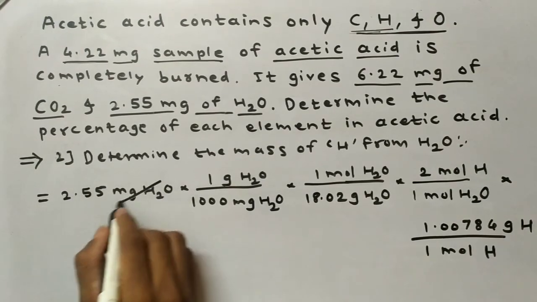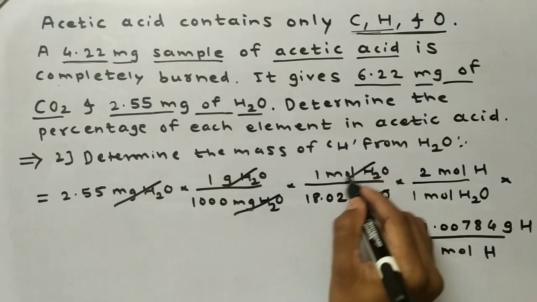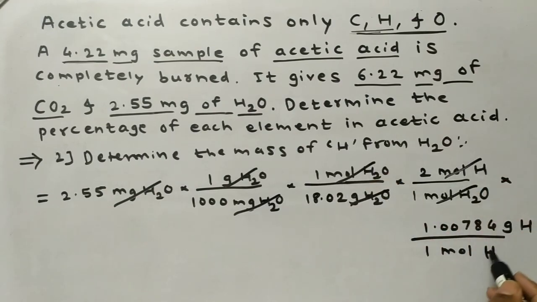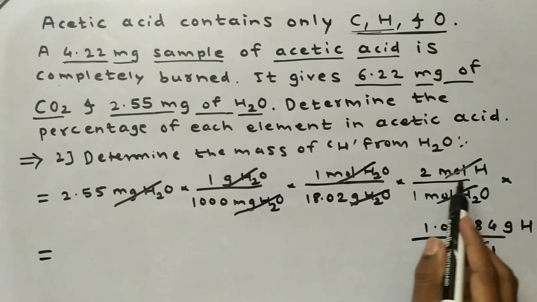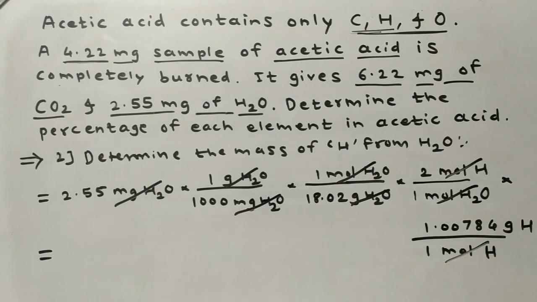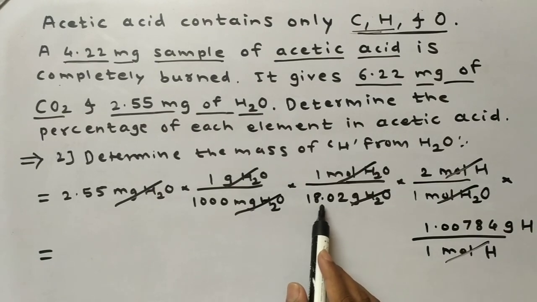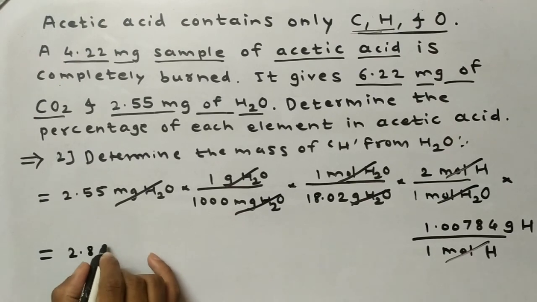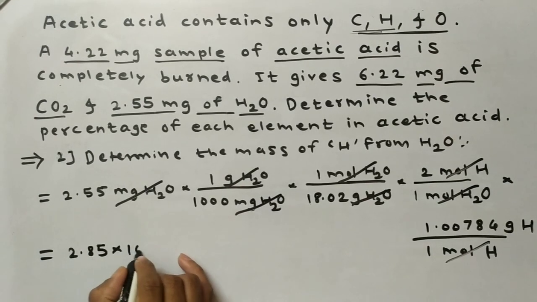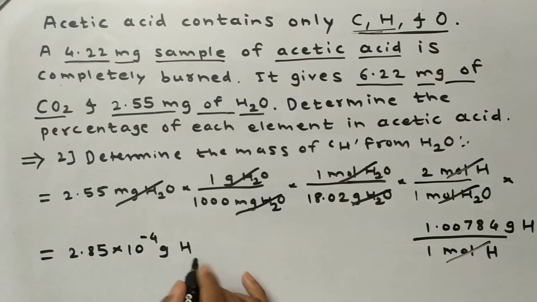Now let's cancel out the similar units: milligrams H2O, grams H2O, moles H2O, and mole H. Now 2.55 multiplied by 2 and multiplied by this molar mass of hydrogen, divided by 1000 times 18.02. So after this calculation, we'll get 2.85 multiplied by 10 raised to minus 4 grams of hydrogen.